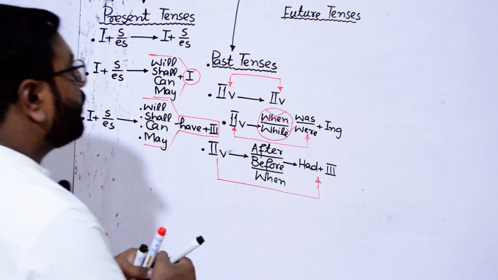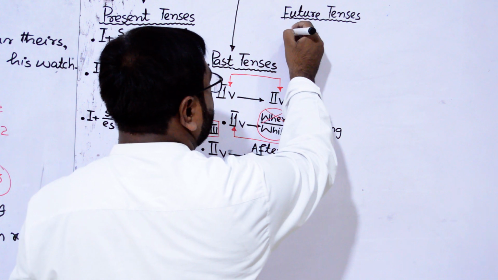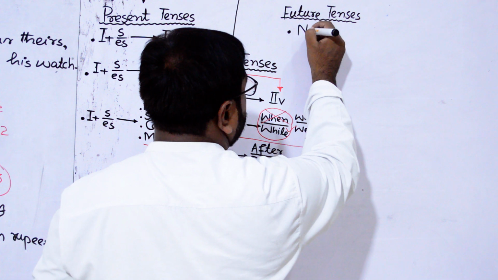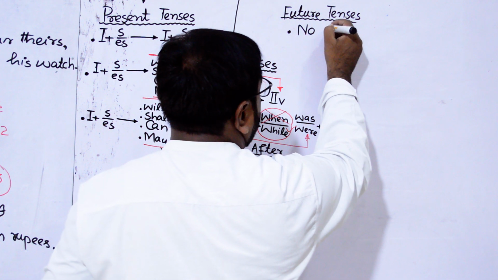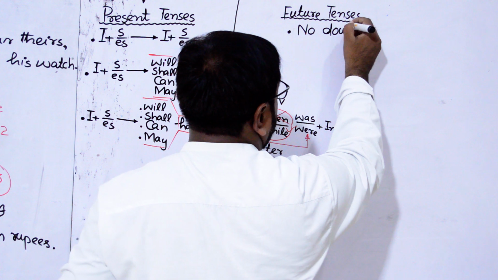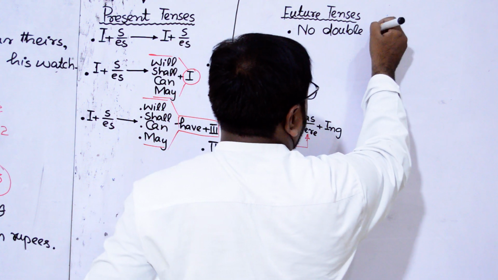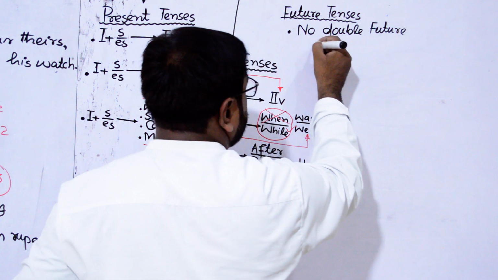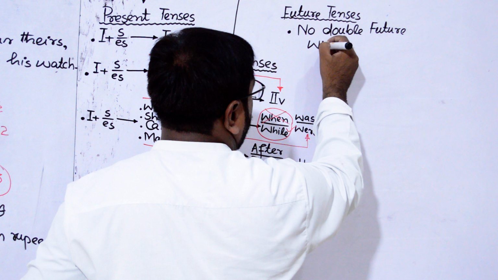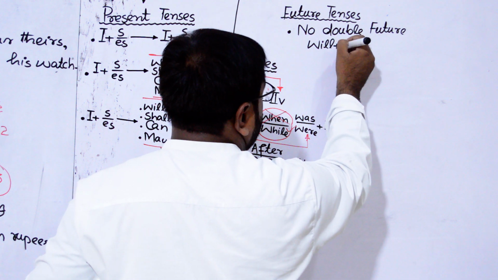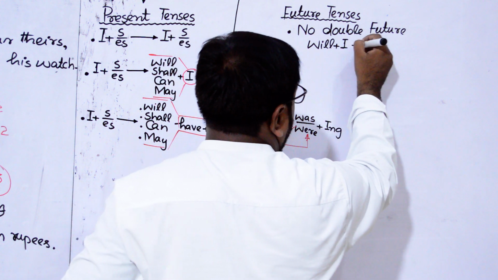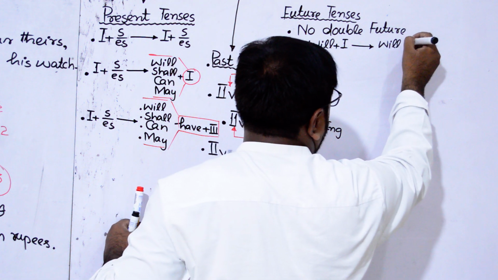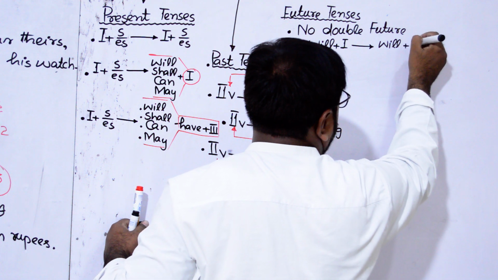and future tenses have the same nature. Future tenses, the very first point that we must mention is there should be no double future. There should be no double future tenses. Means if I use will plus first form, I should not be using will plus first form again.